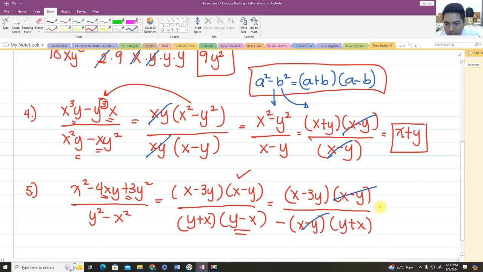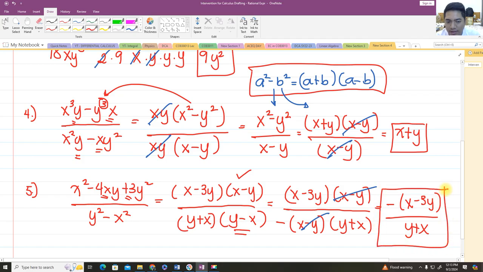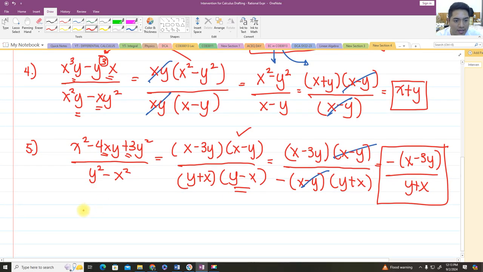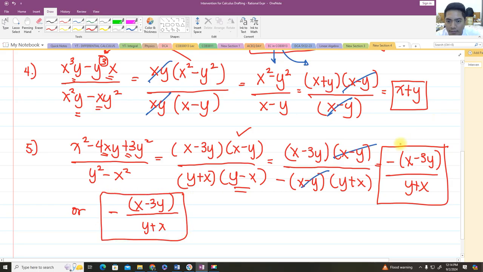So now you have negative of x minus 3y all over y plus x. It's the same thing if you write this answer as negative of the x minus 3y all over y plus x. It's still the same because negative or positive divided by negative will still be negative.